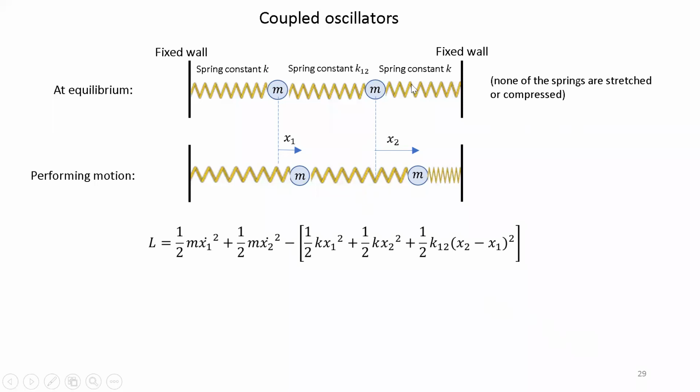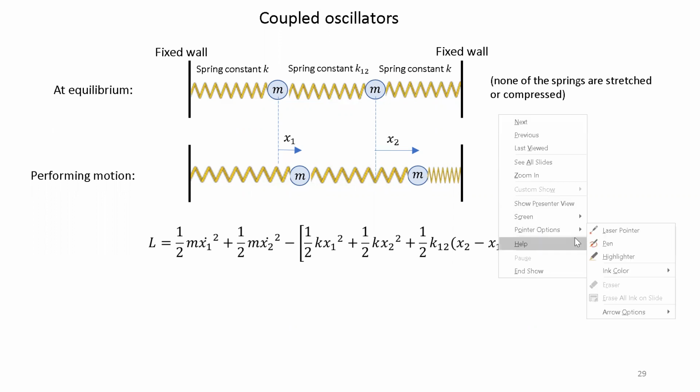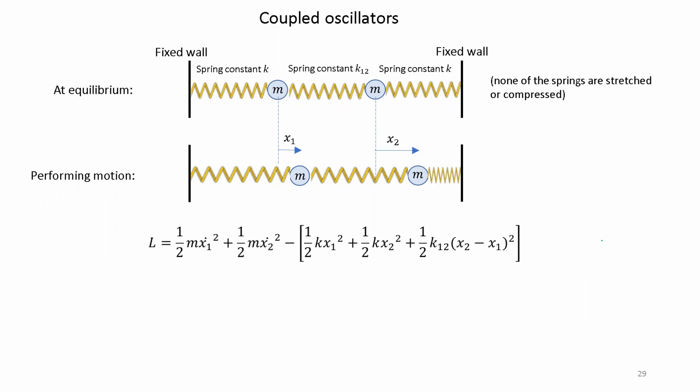Okay, so the question I have for you is the following. Here I'm again just considering the example that we have done, the 3 springs 2 mass system. However, this time I'm going to change the setting a little bit.